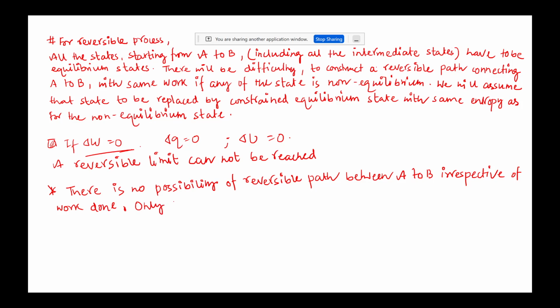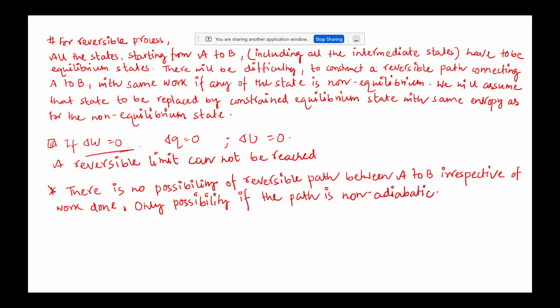The only possibility is if the path is non-adiabatic. Okay, so if the reversible path is non-adiabatic, we can construct a path.